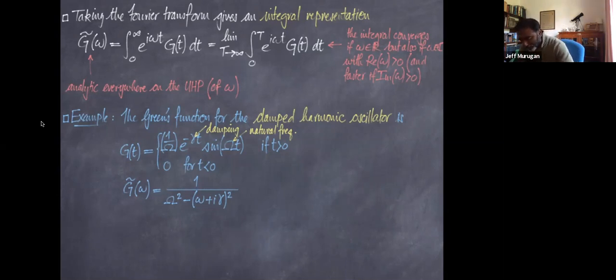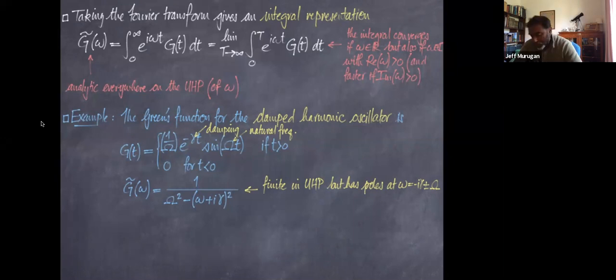So notice here that G tilde is always finite in the upper half omega plane, but has poles at omega equal to minus i gamma plus or minus capital omega, where the denominator goes to 0 and G tilde will blow up.